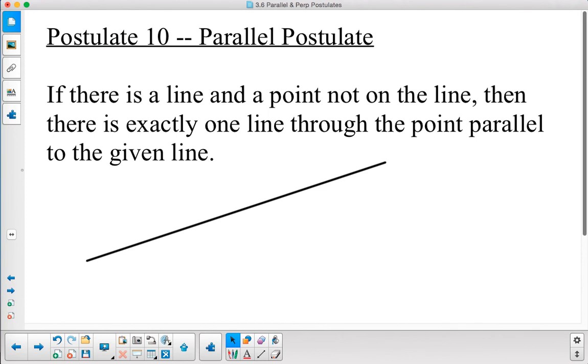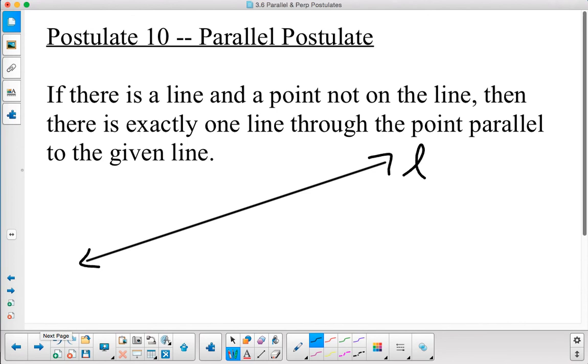There's a parallel postulate and a perpendicular postulate that you need to write down. And this is the basis of some of the constructions we did, or will do. It says if there is a line and a point not on the line, so let's take this line L, we'll put a point that's not on the line. It says there is exactly one line through the point that would be parallel to the given line.